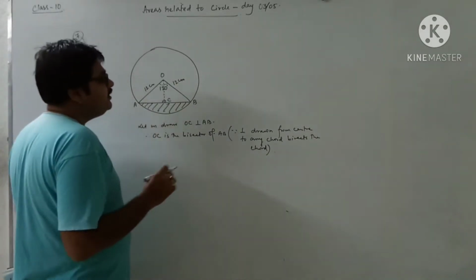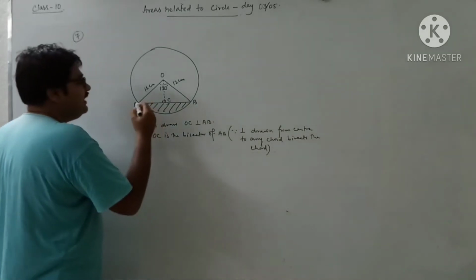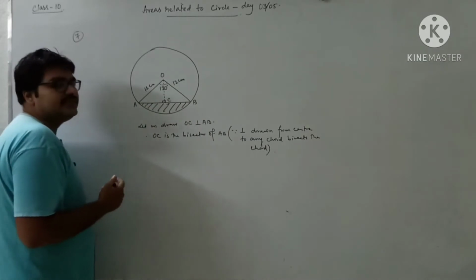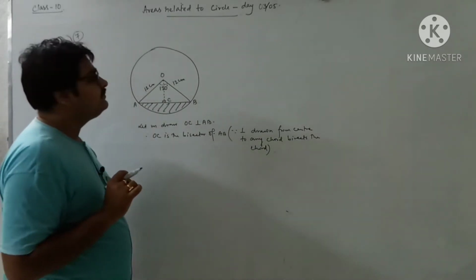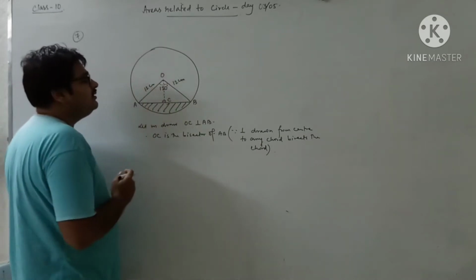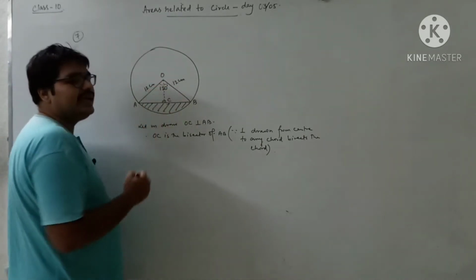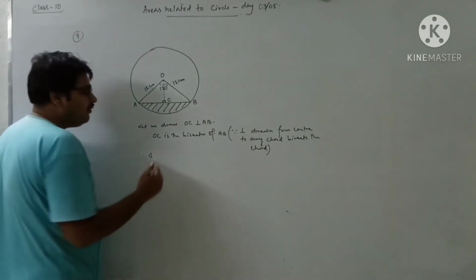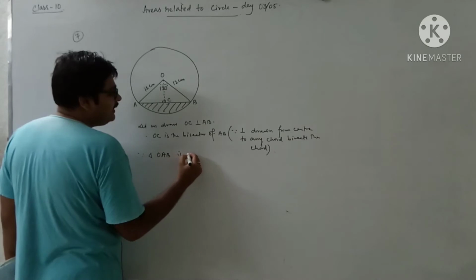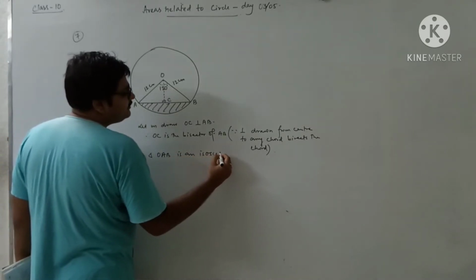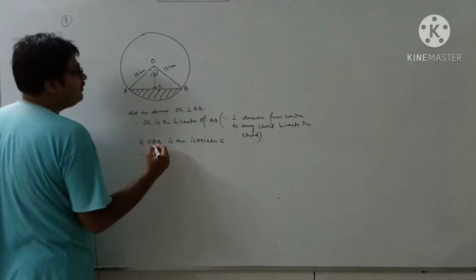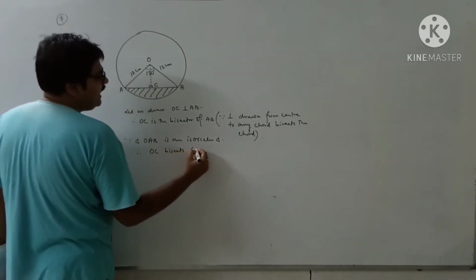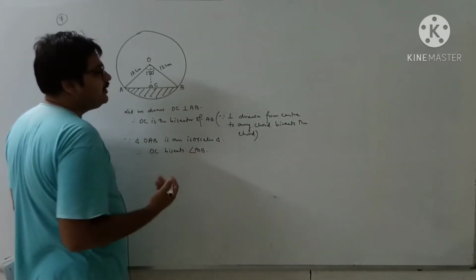One more thing, we know for an isosceles triangle. See, this is already an isosceles triangle as OA and OB are equal. So easily you can say this is an isosceles triangle. For an isosceles triangle, the perpendicular bisector also bisects his vertical angle. Since triangle OAB is an isosceles triangle, therefore OC bisects angle AOB.